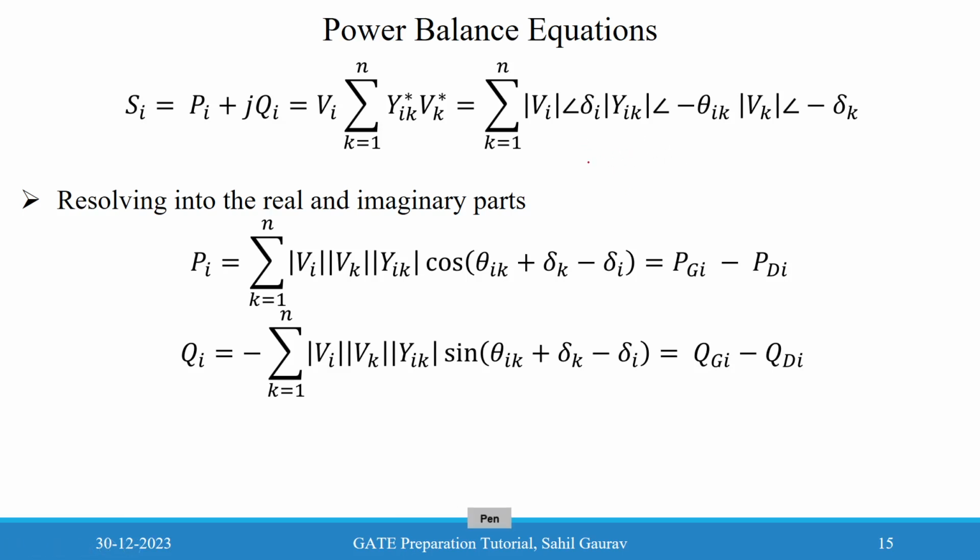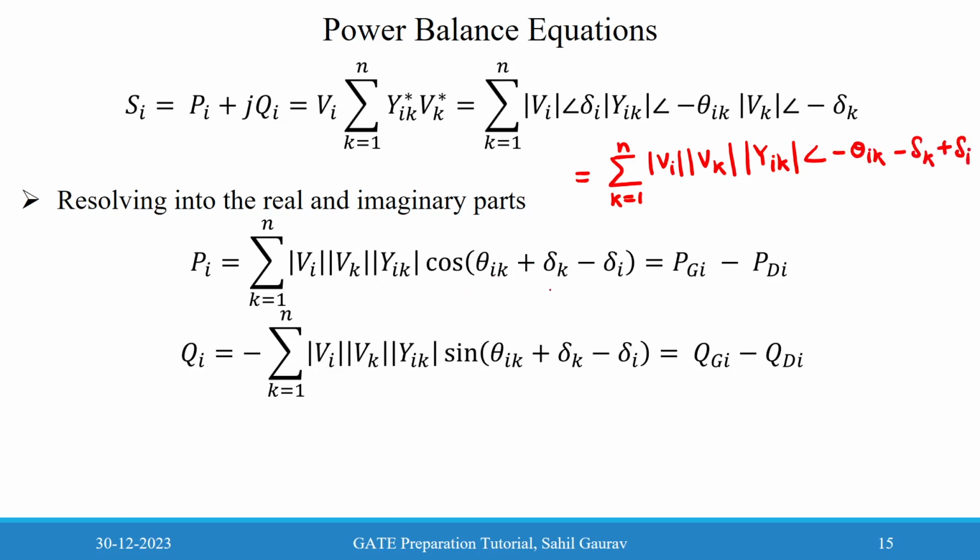If you see here, summation k is equal to 1 to n, Vi Vk Yik at the angle of minus theta ik minus delta k plus delta i.